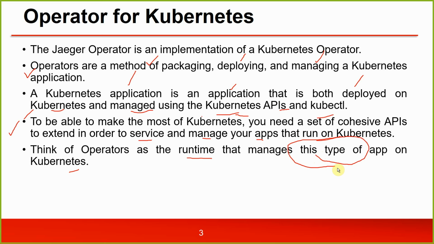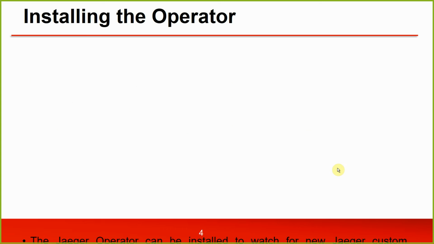So we are creating a new type for Kubernetes, and if you notice, after the operators were deployed, we created an instance of that using this manifest file where the kind given was Jaeger.